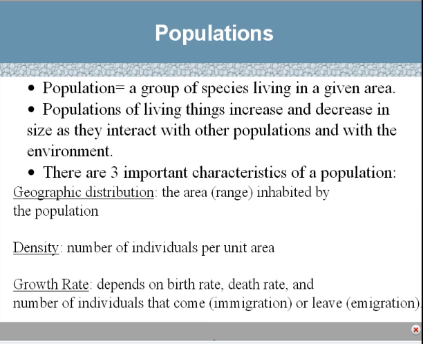The second is density, which is talking about how many individuals are part of that population that live in that area. And then the third is growth rate, if that population overall is going to increase or decrease with time. And a lot of that depends on things like birth rate, death rate, and the number of individuals that are coming into the population or leaving the population.